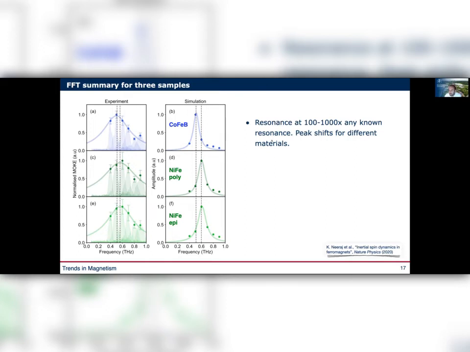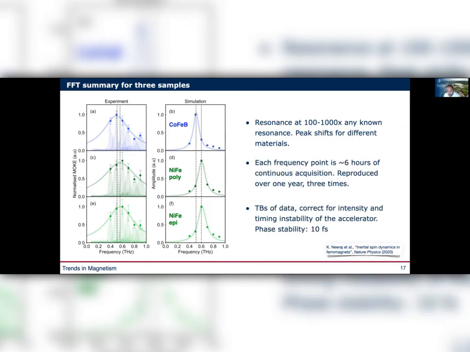And also the interesting thing is that the peak seems to be slightly offset. This is what this line shows between the permalloy and the cobalt iron boron. So it seems to be a material dependence of this peak. And so the obvious conclusion is that, okay, this could really be the signature of a nutation.